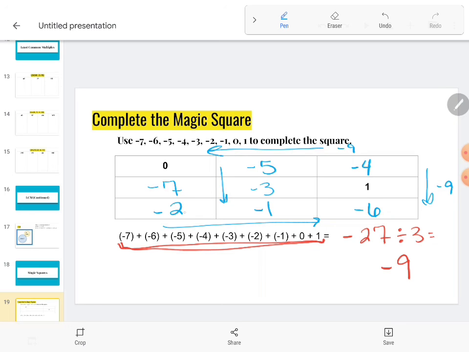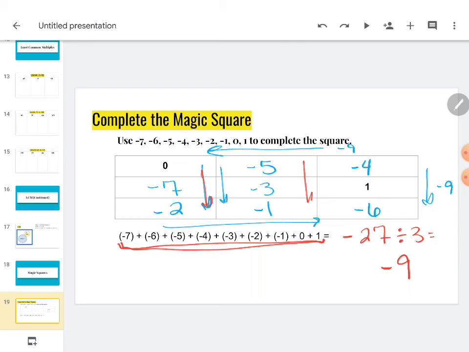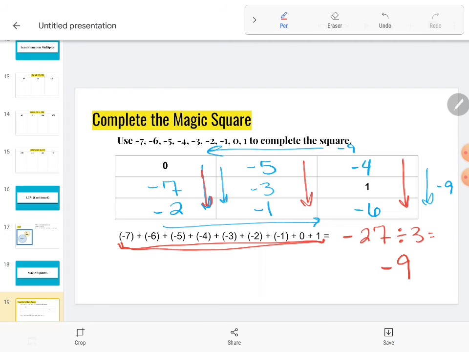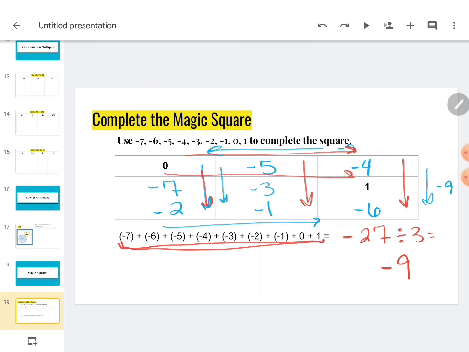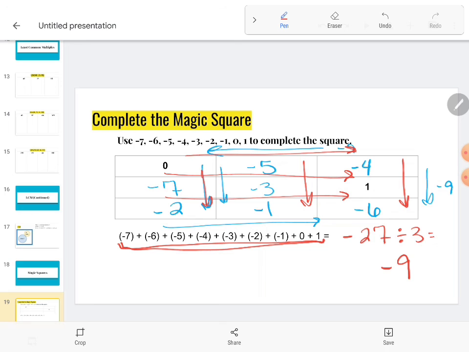So 0 plus -7 plus -2 is going to be -9 for our first one right here. -5 plus -3 plus -1 is going to be -9. -4 plus -6 plus 1 is going to be -9. -5 plus -4 plus 0 will be -9. -7 plus -3 plus 1 will be -9, and -2 plus -1 plus -6 will also be -9.